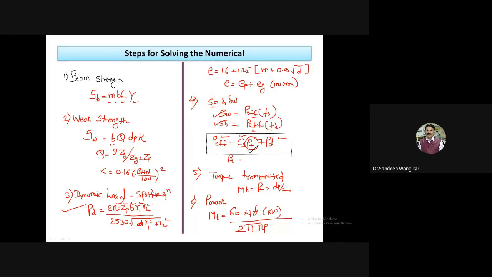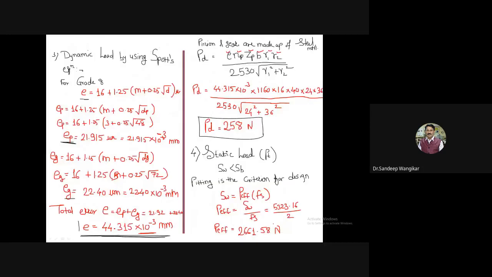We have calculated error for pinion and error for gear, and then E is equal to EP plus EG in microns. So we have to convert this into millimeters by multiplying by 10 raised to minus 3. Then we compared SB and SW, and whichever is lesser we take as the criterion. In this numerical, SW is observed to be lesser, so I have taken SW as the criterion for design.